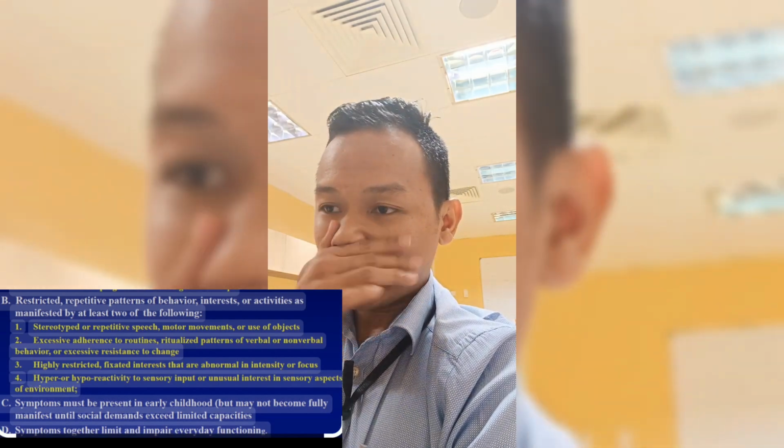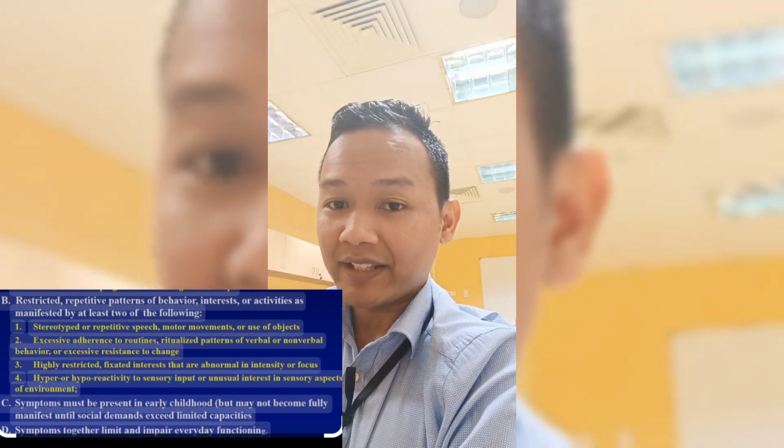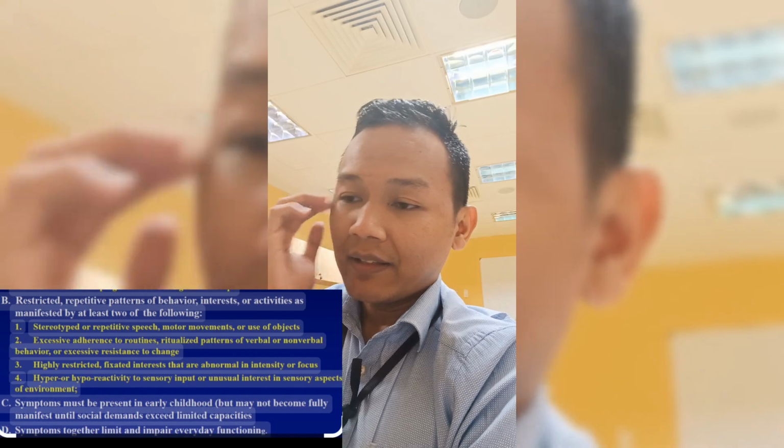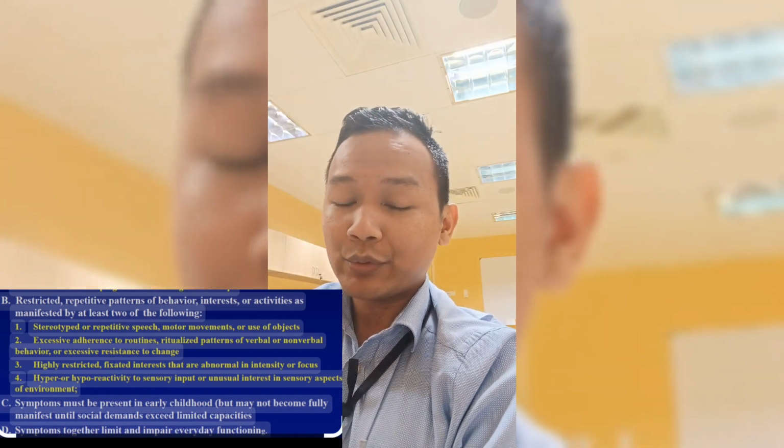Okay, alright. The last component under the restricted and repetitive behavior is the sensory sensitivities and unusual interests in the sensory aspects of the environment. In this context, it could be a fascination with certain textures, fascination with certain lights, or unusual reactions to sensory input.